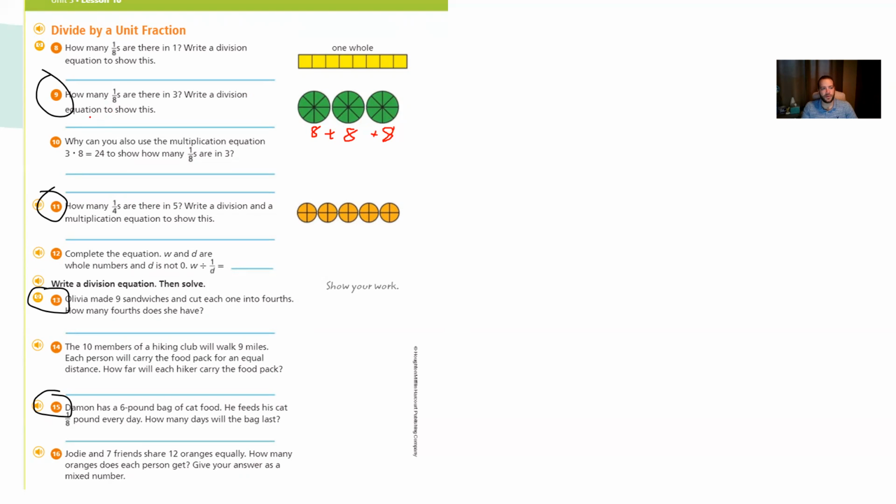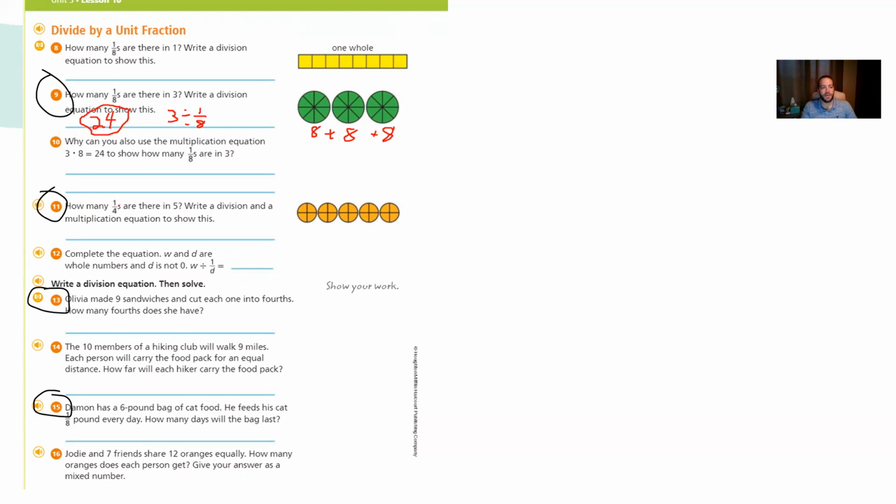So how many 8s are there in 3? 24. And how could we turn that into an equation? We could say 3 divided into a whole bunch of 8s. And 3 divided into a whole bunch of 8s is keep, change, flip. 3 times 8, right? And 3 times 8 is 24.